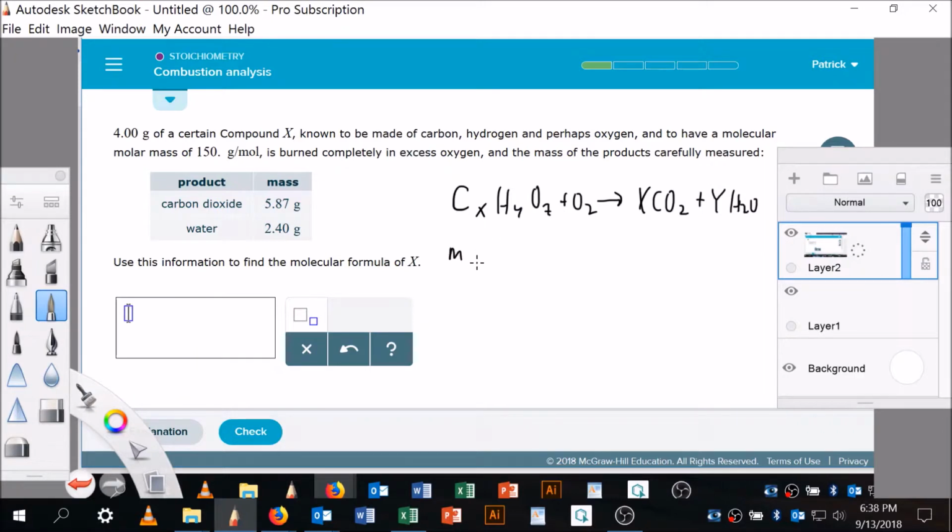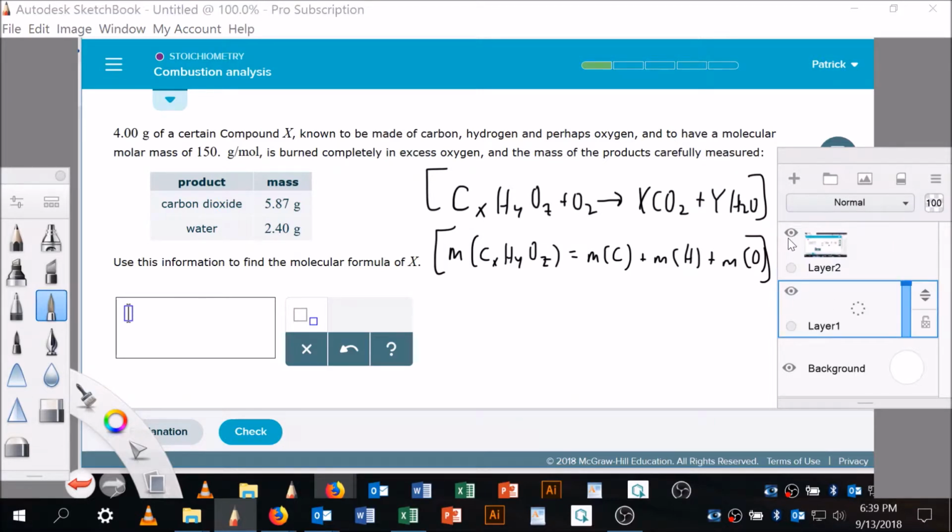And then the other one is the mass of CxHyOz is equal to the mass of carbon plus the mass of hydrogen plus the mass of oxygen, right? Those are the two principles I'm invoking here. Okay? So let's go on now to the next page.